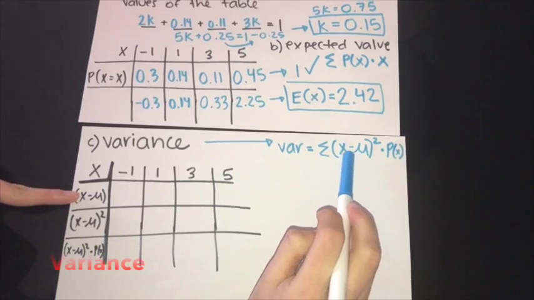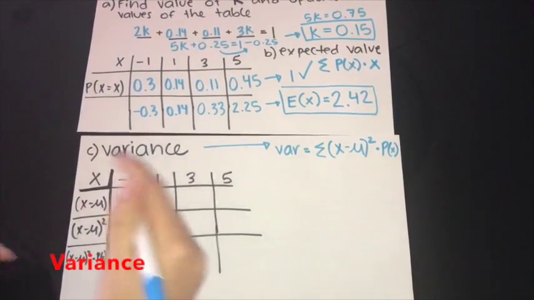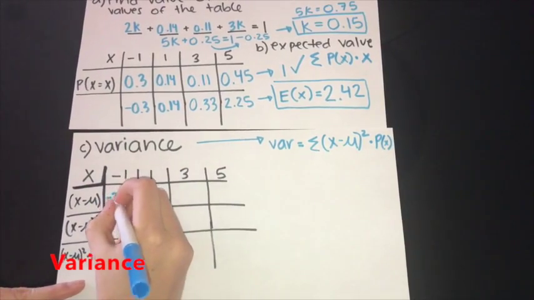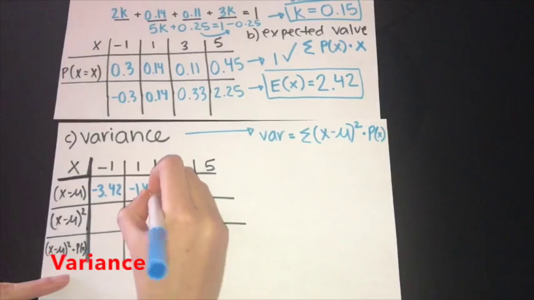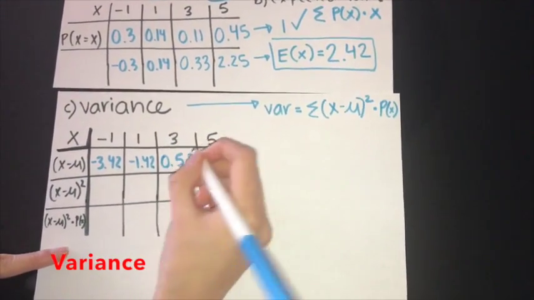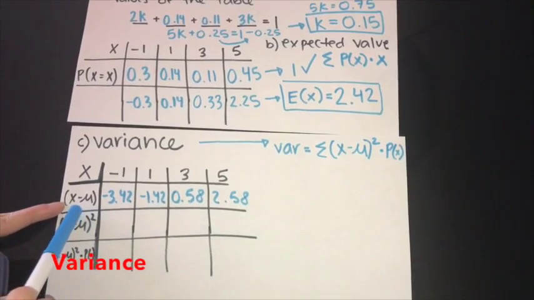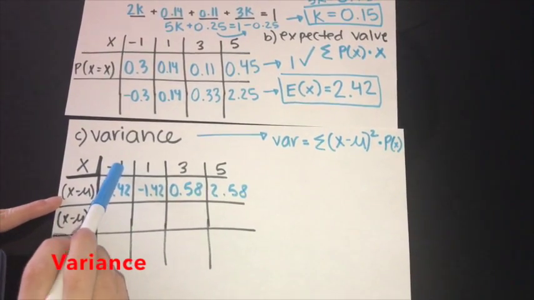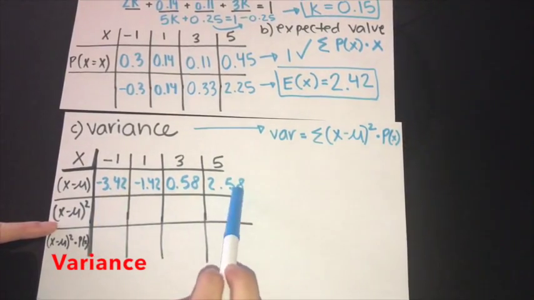We just need to find x minus the expected value, squared. This is negative 3.42, negative 1.42, 0.58, and 2.58. To do this, we just subtracted the x value minus 2.42. Afterwards, we square all of these numbers.